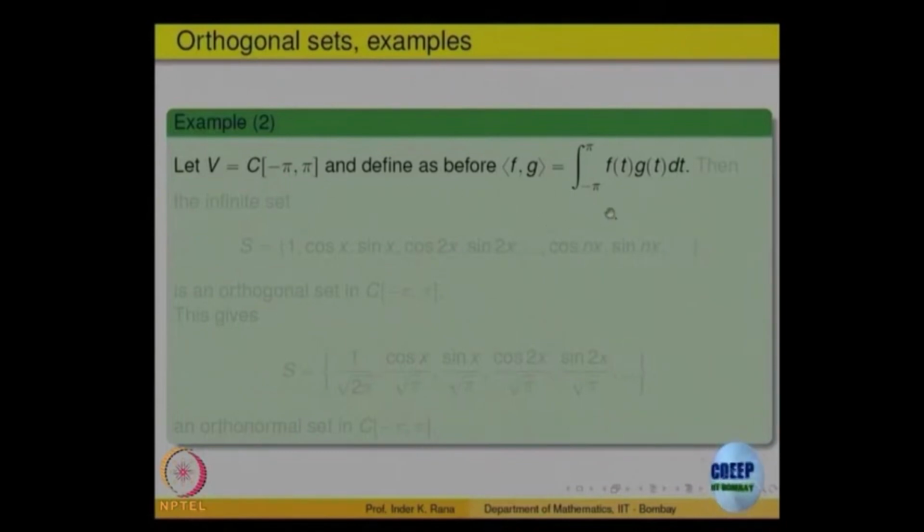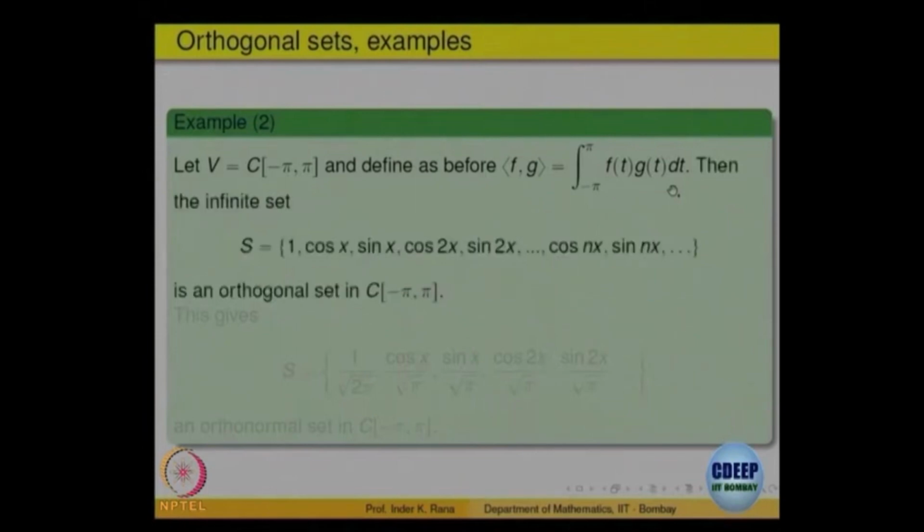And so, what will be the dot product? Integral from minus pi to pi of f(t) g(t) dt. On this, let us look at this set. What is the set I am looking at? The constant function 1, the function cos x with domain minus pi to pi, sin x, cos 2x, sin 2x, and so on, cos nx, sin nx.